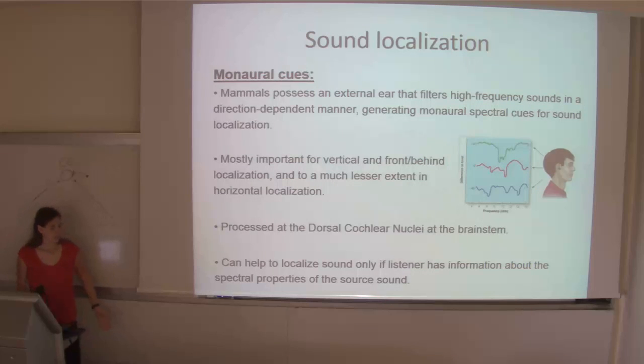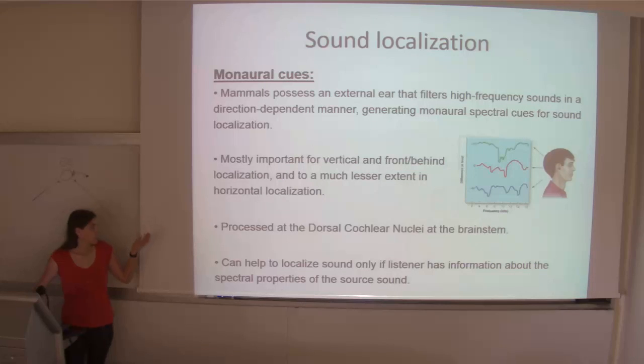Then we have the monaural spectral cues that we use. This is thanks to the mammal external ear that can filter the high frequencies. These are negligible for the horizontal localization in normal conditions.